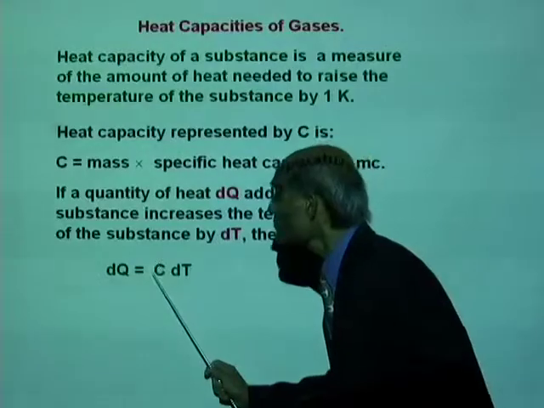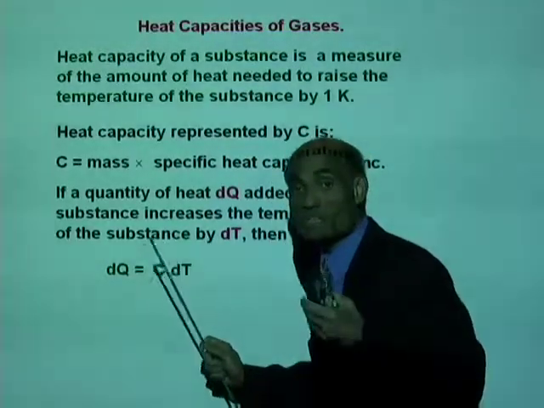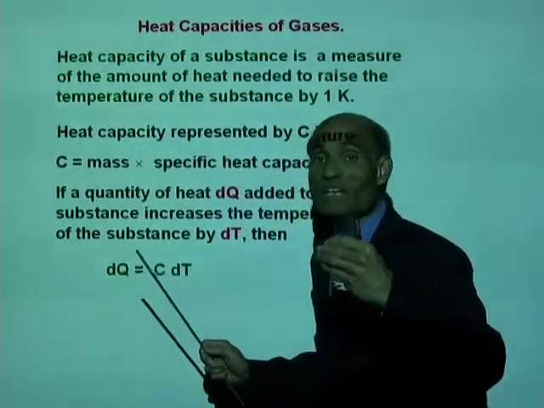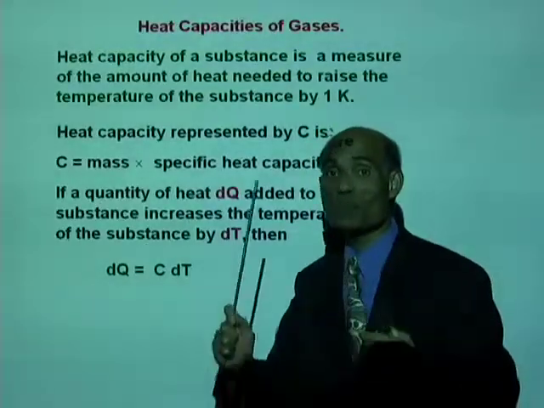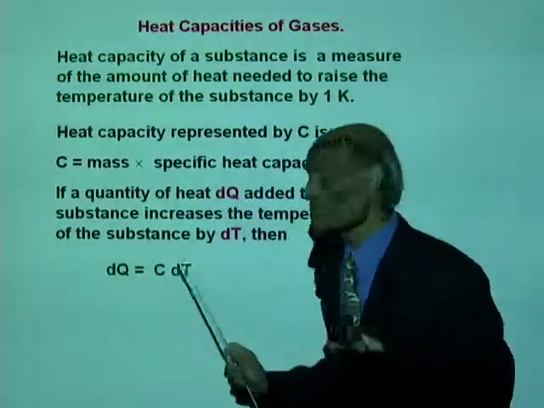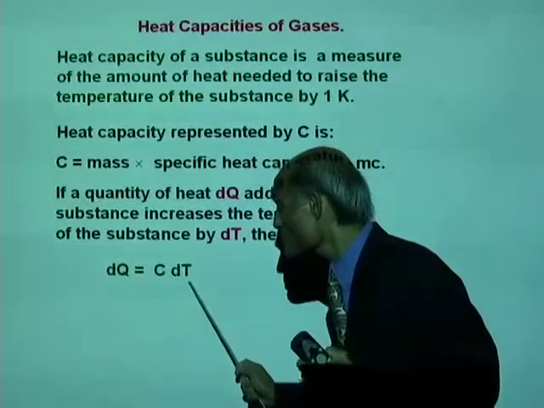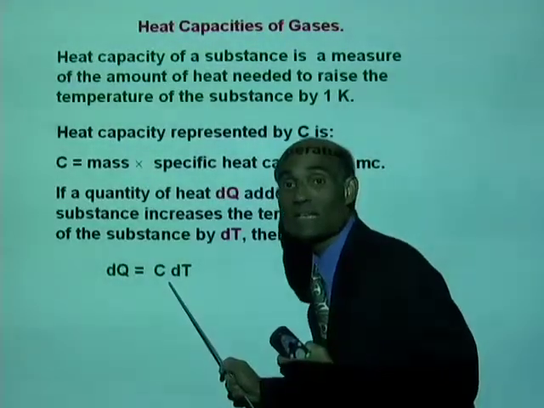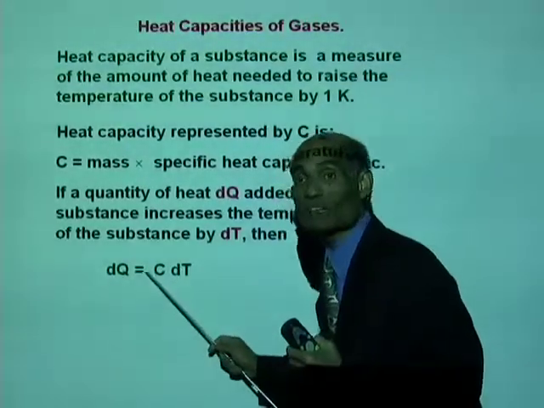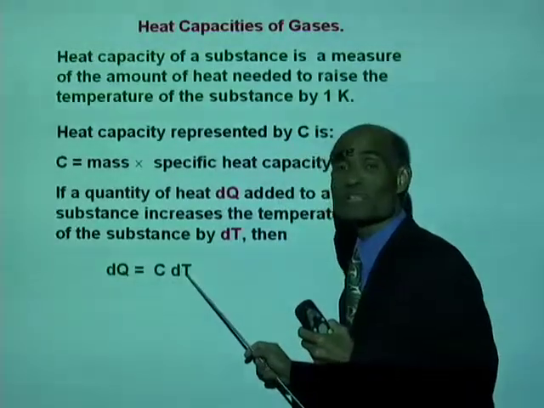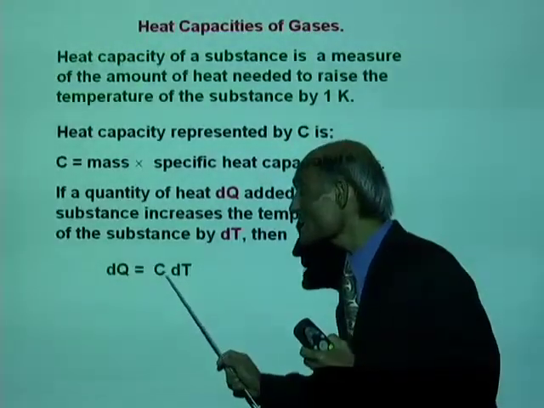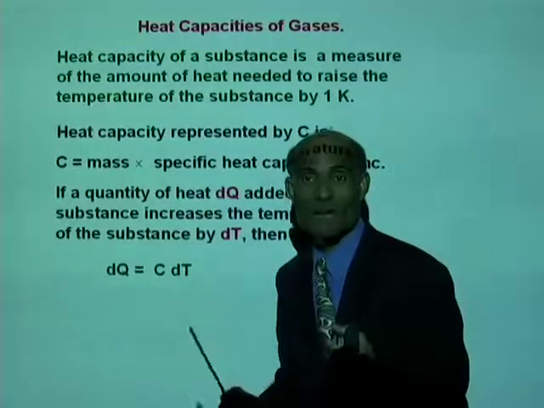If C is the amount of heat needed to raise the temperature by 1 Kelvin, so if you want to increase the temperature by an amount dt, the total amount of heat you need is C times dt, where C is the heat capacity. What's the heat capacity?